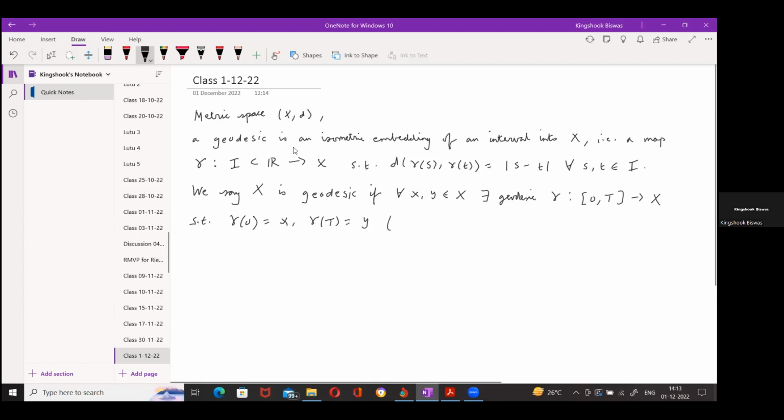So here t is equal to the distance between x, y. So for example, by the Hopf-Rinow theorem, any complete Riemannian manifold is geodesic.